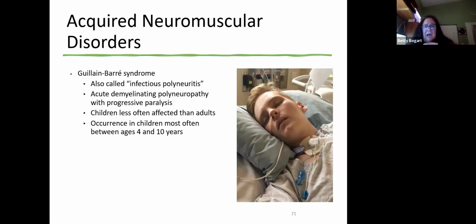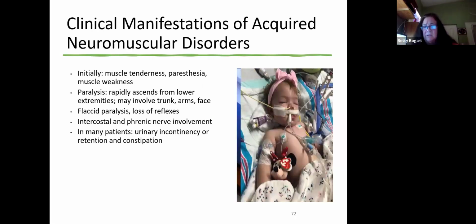So if you have a child admitted with rule out Guillain-Barré, the one thing that you're going to monitor very closely is their oxygen saturations, because their diaphragm will stop working. They literally become paralyzed, usually from the neck down.